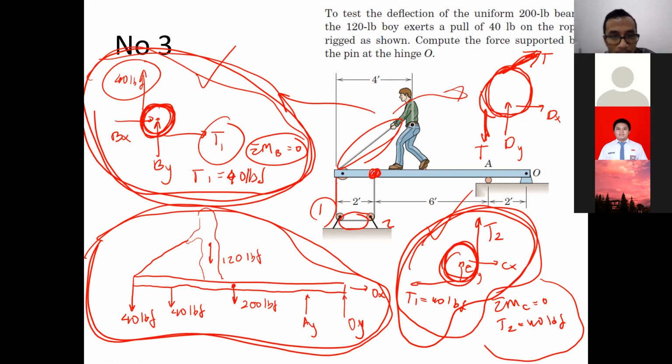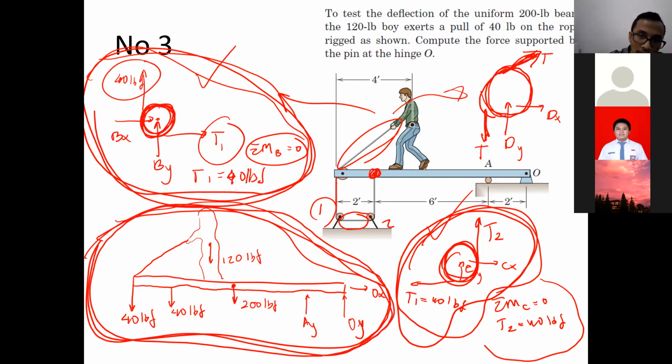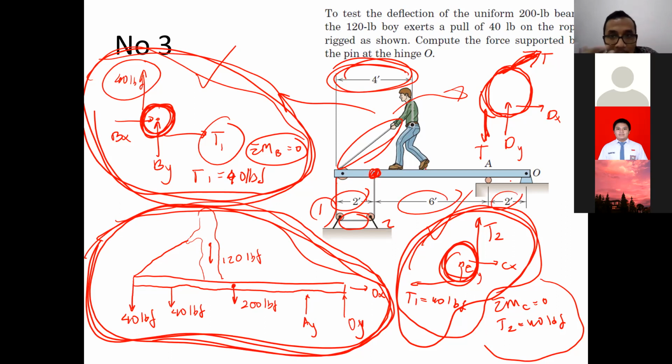But as long as you solve this using this free body diagram, I believe you will be able to solve it correctly, because all the dimensions are there already. This one is 4 feet, this one is 2 feet, 6 feet, and 2 feet. So all the dimensions are there, right? So I believe you will be able to solve for OY, OX, AY using this particular free body diagram.